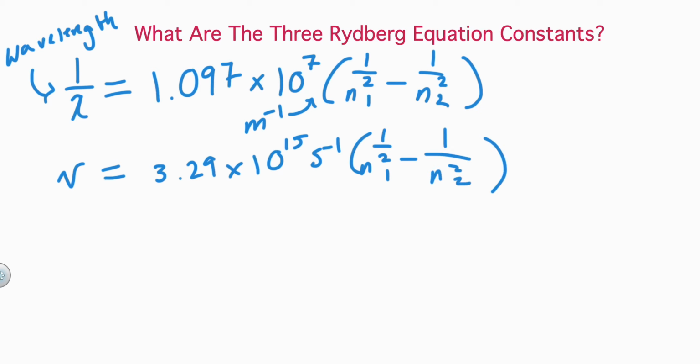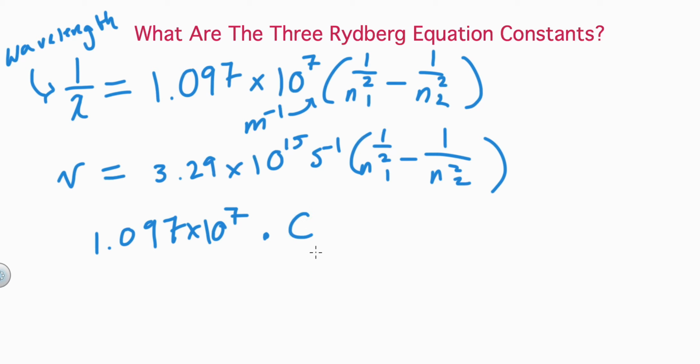So, how do you go from this part to this part? Well, you take 1.097 times 10 to the power of 7 and you multiply it by the speed of light.